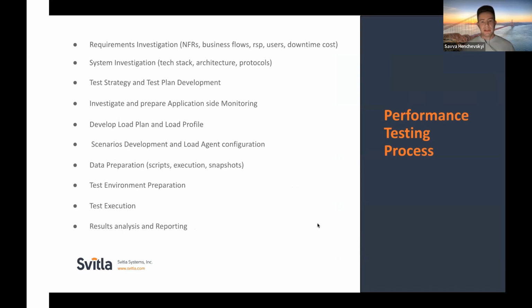In general, the performance testing process includes phases like requirements investigation, which includes developing non-functional requirements, getting the product owner's vision about how the product works, how many concurrent users and requests the system should handle, and also your test exit criteria. It will tell you what your goals are and where you are going, what the downtime of your application costs, and how to prevent it.